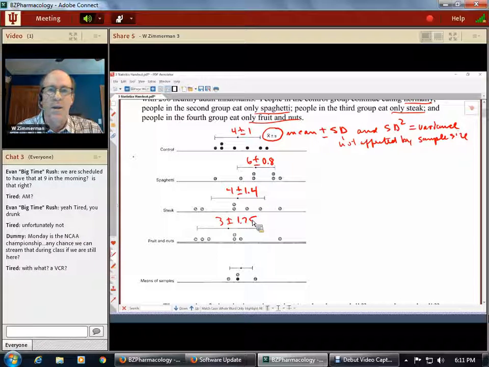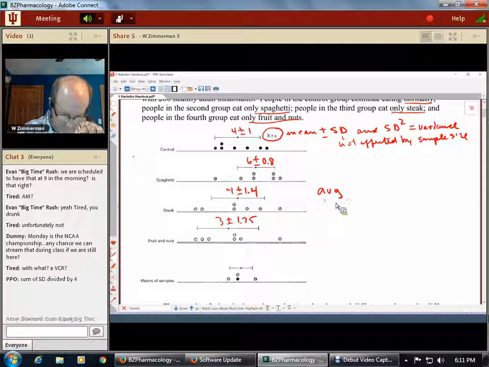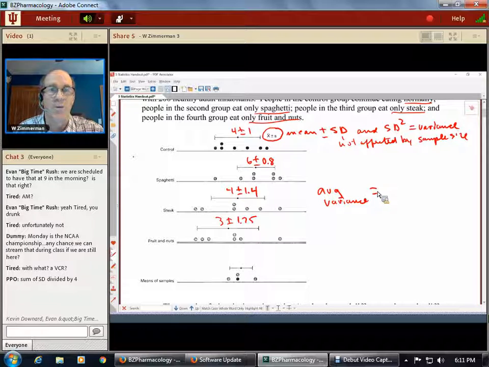Okay, if I was to ask you guys, you won't get out of medical school until you figure out the average variance in those diets, what would you do? How are you going to figure out the average variance? Don't think hard. You're close, but you calculated the average standard deviation.